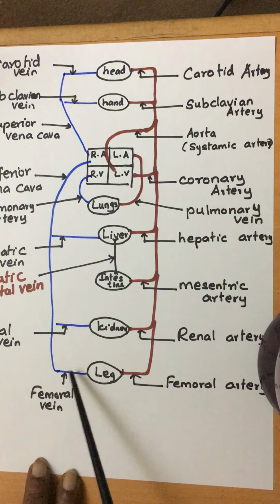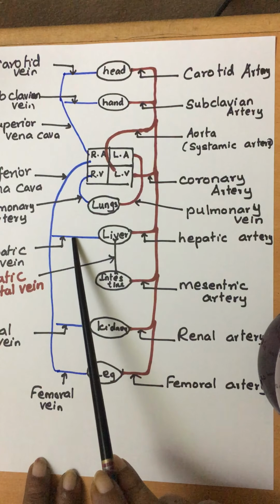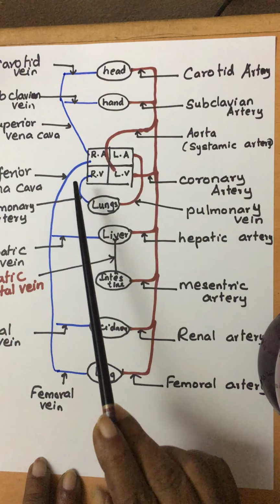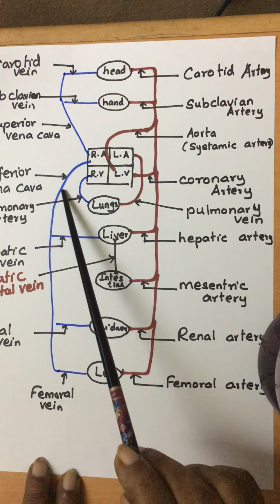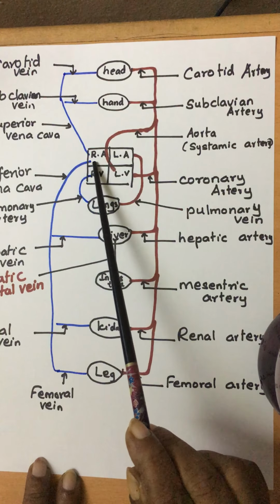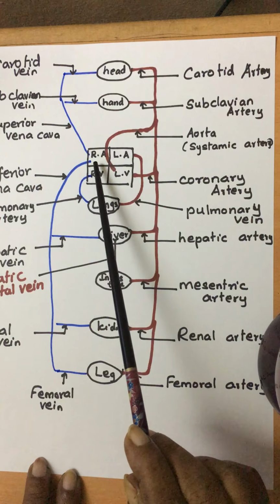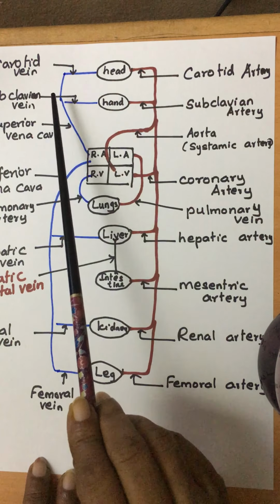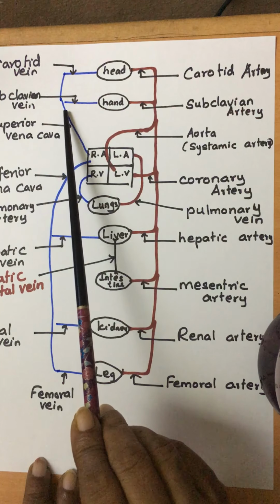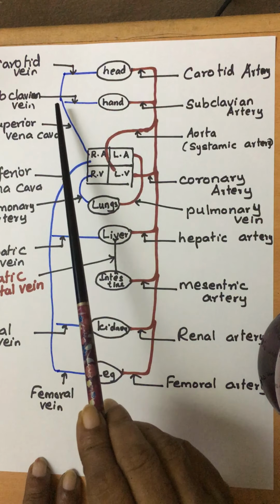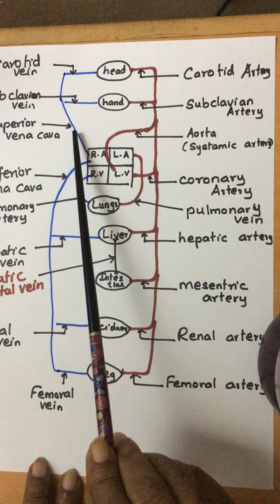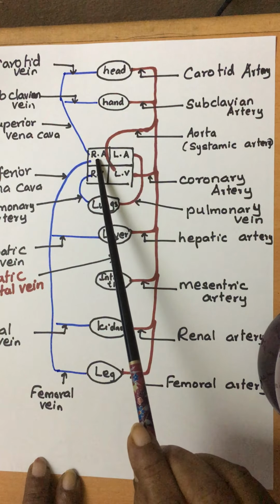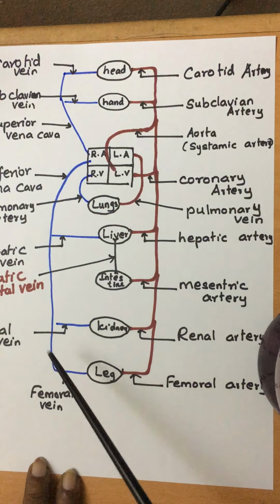The femoral, renal and hepatic veins all combine with the inferior vena cava, which supplies blood to the right atrium. In the same way, from the head the carotid vein and from the hand the subclavian vein all flow into the superior vena cava and come to the right atrium. These are the veins.